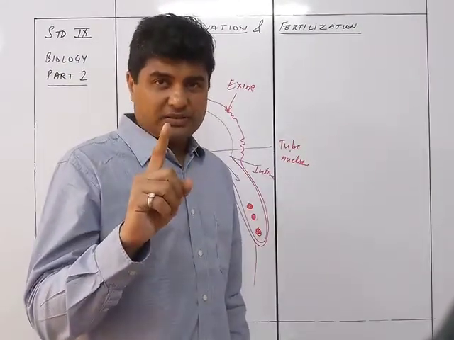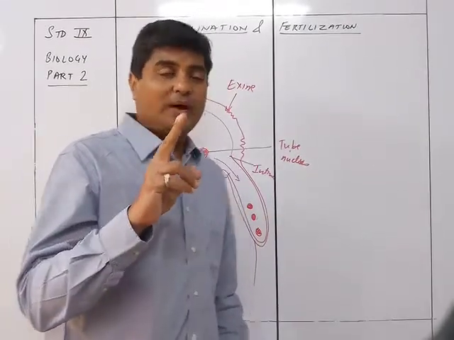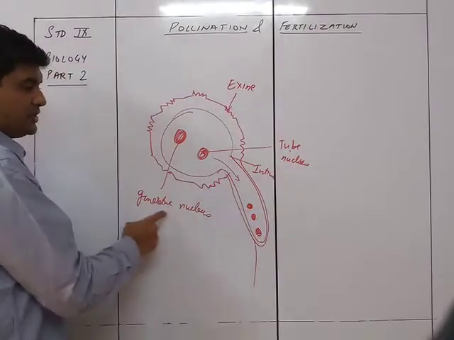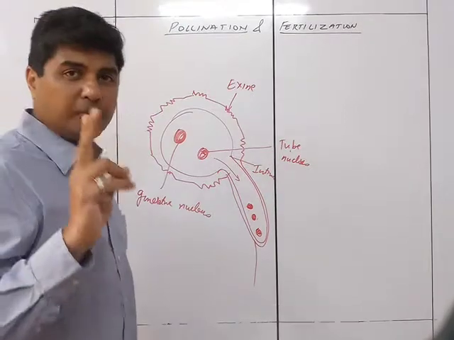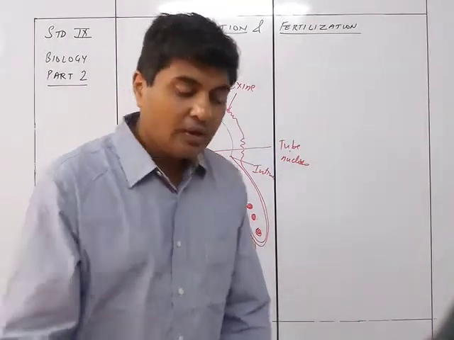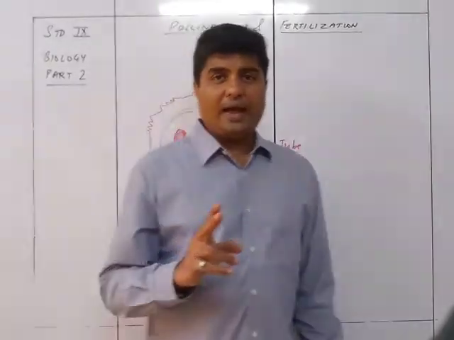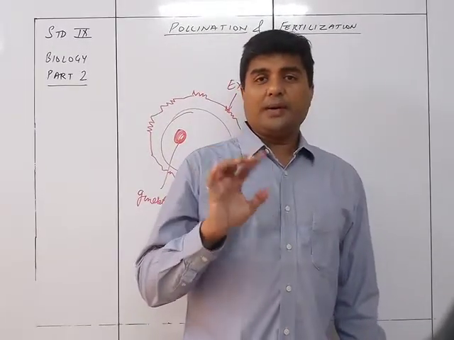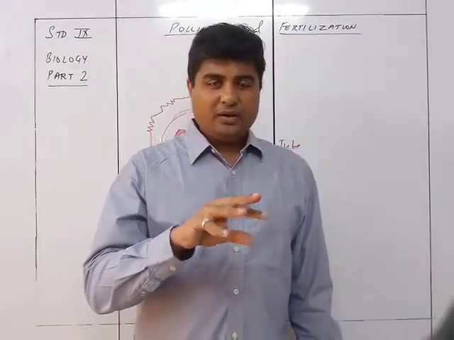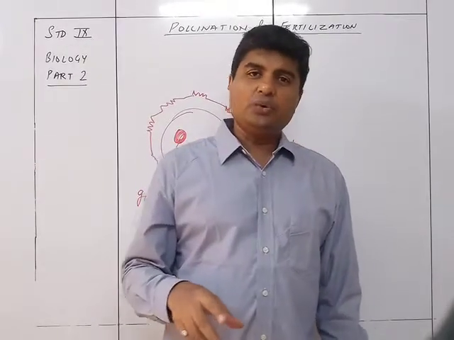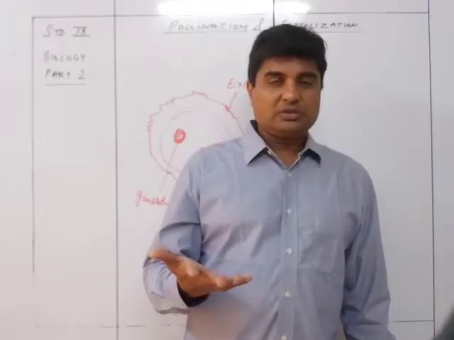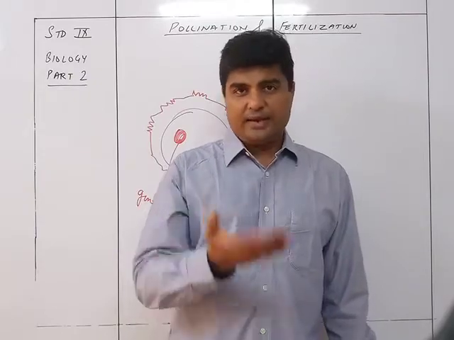And the two sperm nuclei are formed from the generative nucleus. So you will have two sperm nuclei and one tube nucleus coming out from the pollen grain to enter into the style, and then from the style into the ovule.